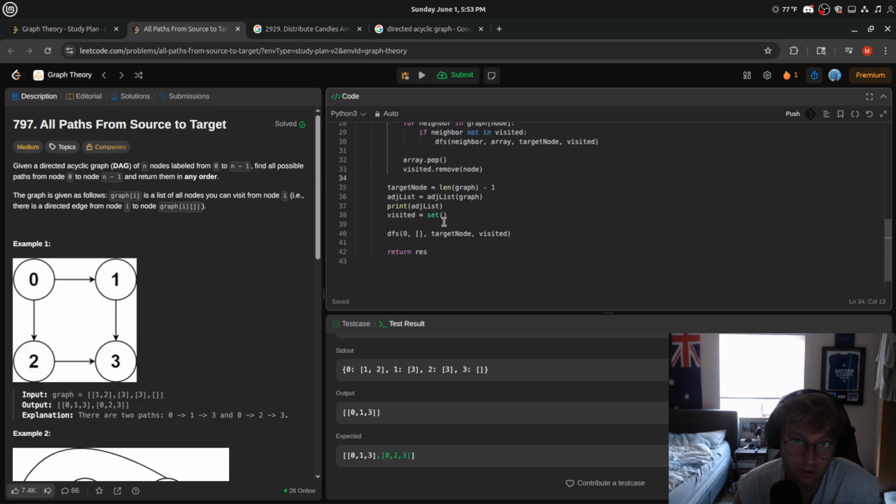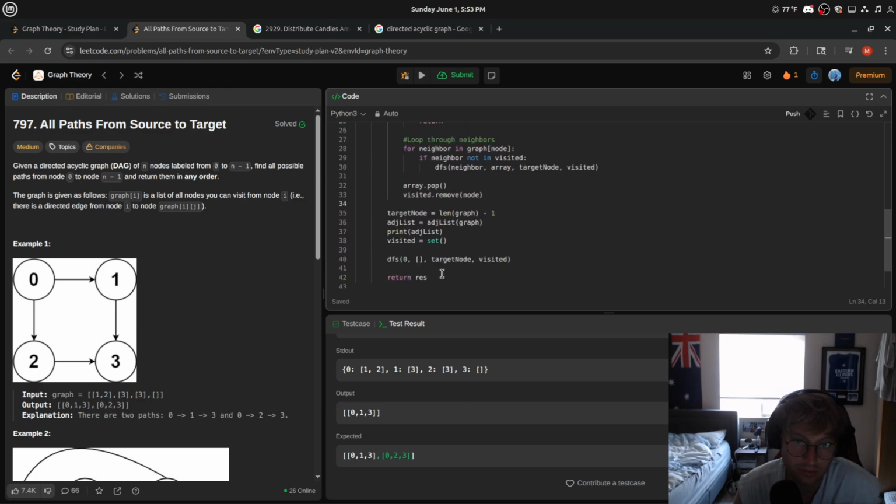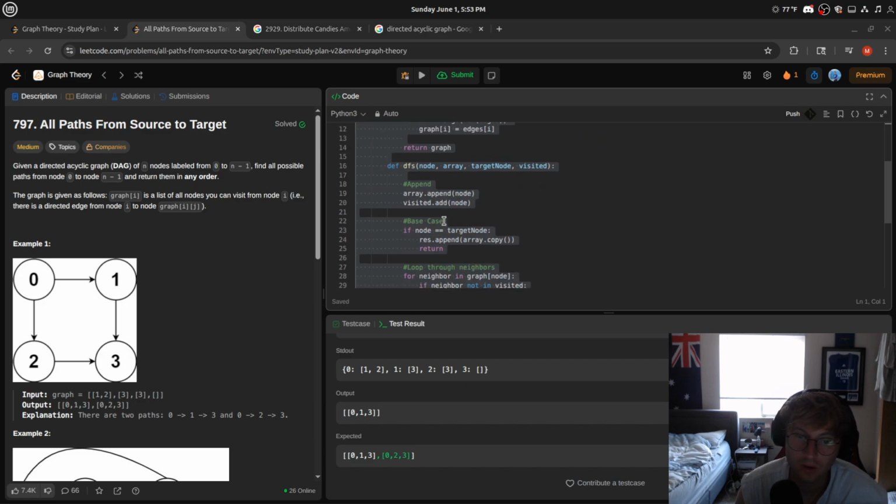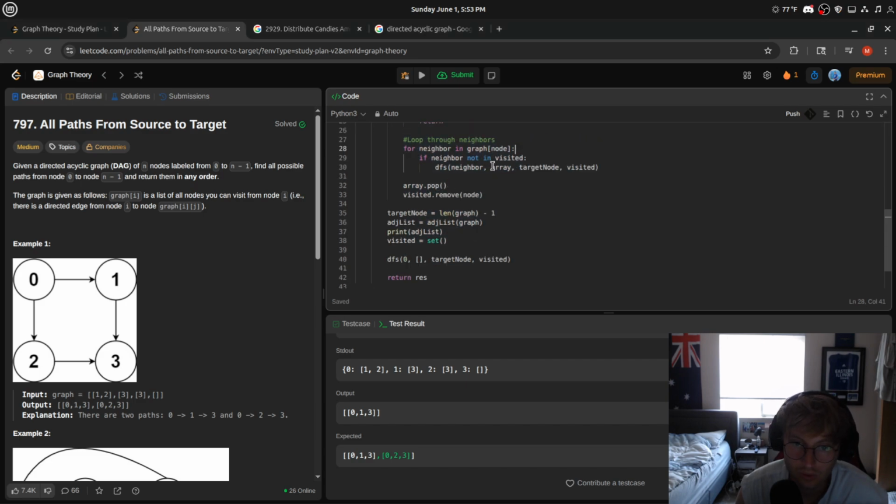Generally, I don't know what is wrong here. I don't know how to do this part. Oh, I'm referring to graph node here, but this should be the adjacency list. Whoops.